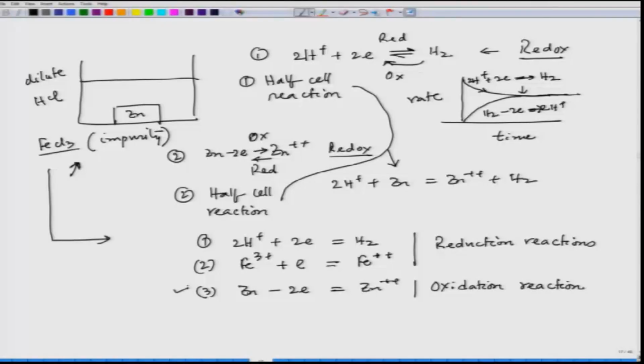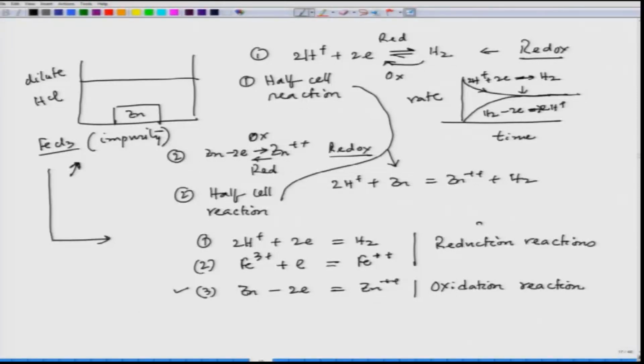It has to come from the zinc reaction. So, the release of electrons from zinc atoms would increase, which means the rate of zinc dissolution would also increase, and finally, it suggests that the corrosion rate of zinc increases.